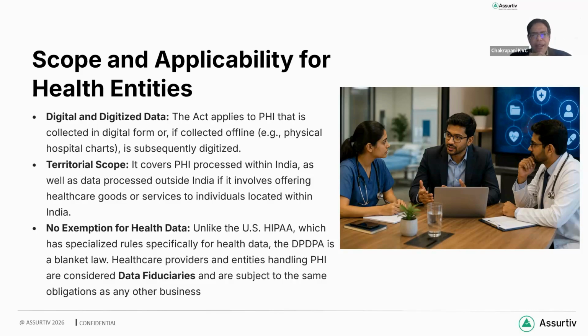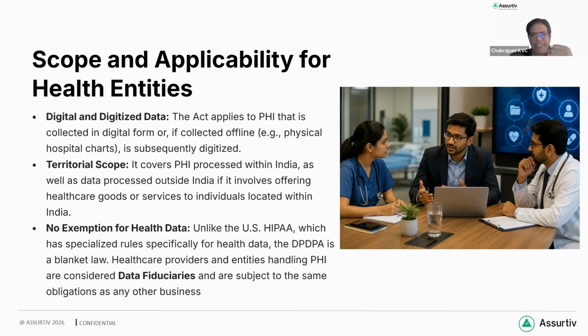And the next point is no exemption for health data. Unlike US-based HIPAA, which has specialized rules specifically for health data, the DPDP Act is a blanket law, so it has not mentioned health data specifically. Healthcare providers and entities handling PHI are considered data fiduciaries. Earlier we have seen that data fiduciaries are those who collect the data.